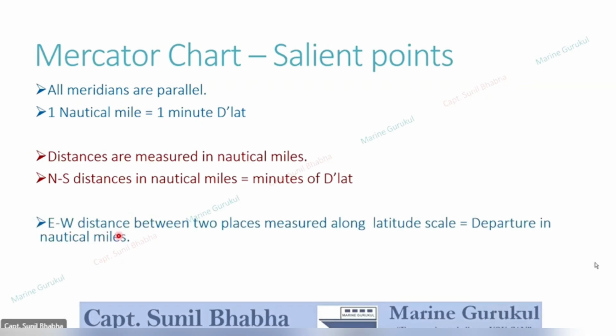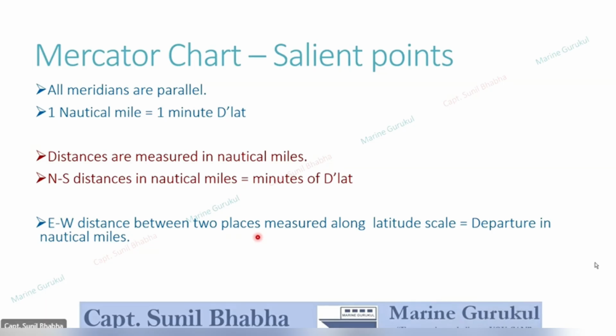The east-west distance between two places measured along the latitude scale gives you the departure between them in nautical miles. If you measure the east-west distance between two places along the longitude scale, it will give you the d-long.